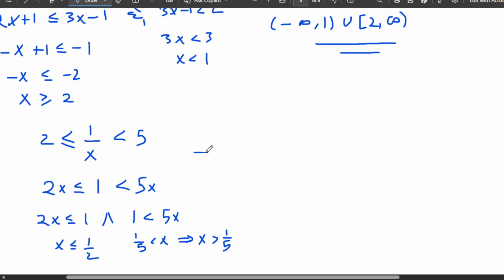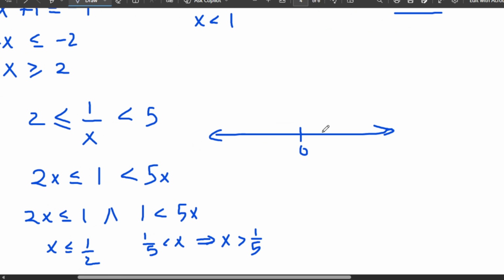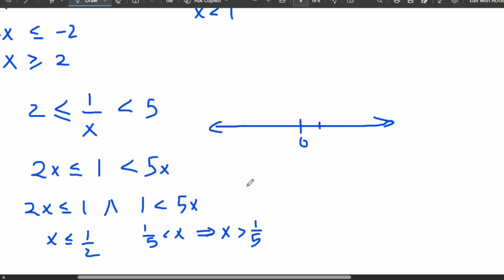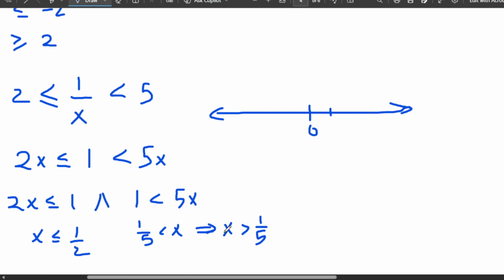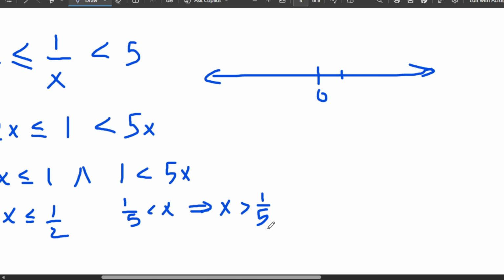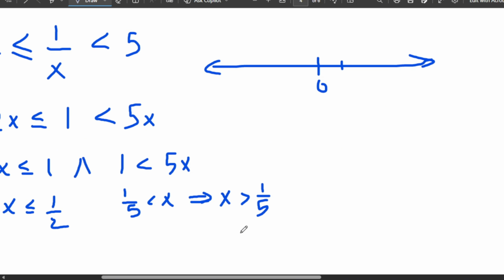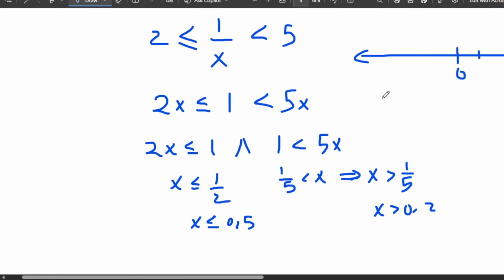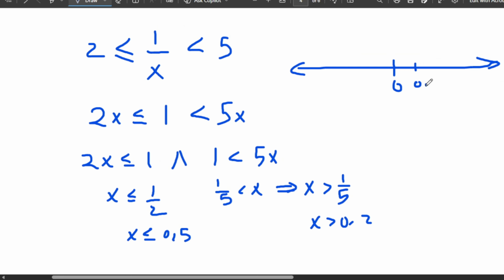So if you put it on the number line, this will be 0, and x would be less than or equal to a half, but x is greater than 1 over 5. So what's 1 over 5? That would be 0.2, right? So x must be greater than 0.2, and x is less than or equal to 0.5. So let's say this one was 0.2 and this was 0.5.